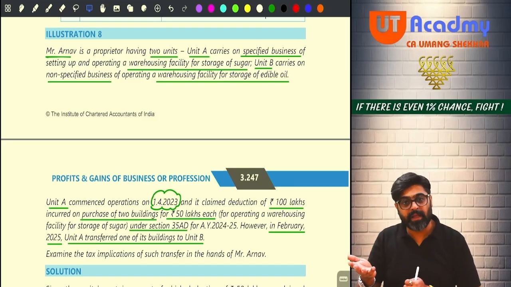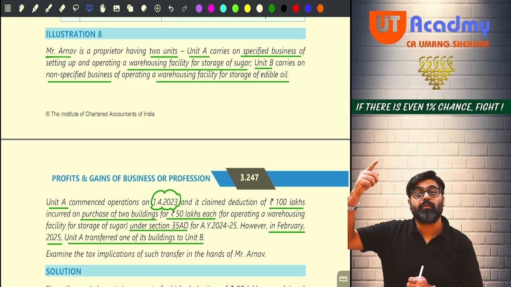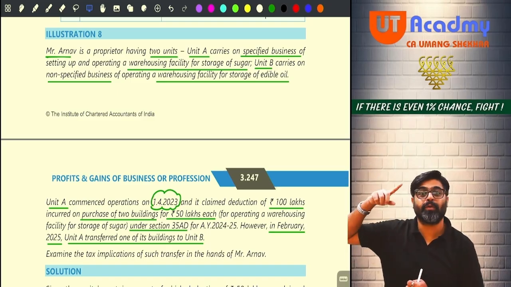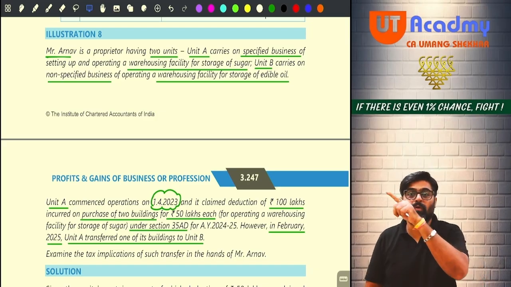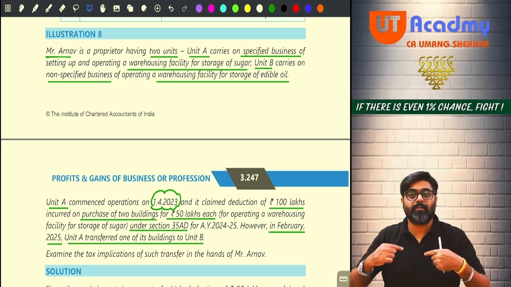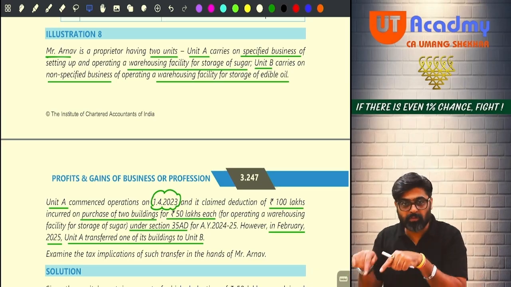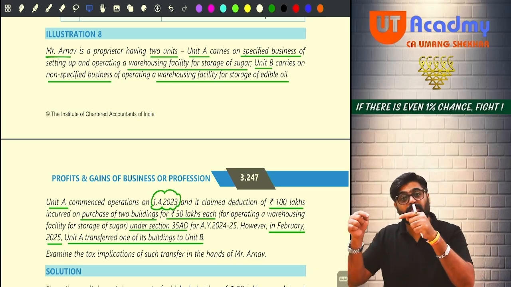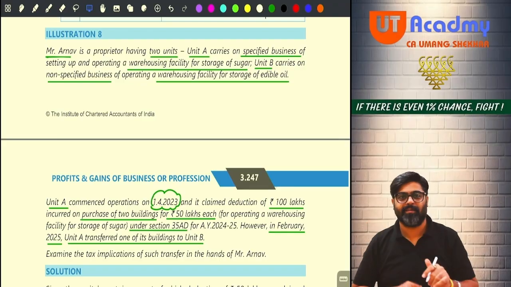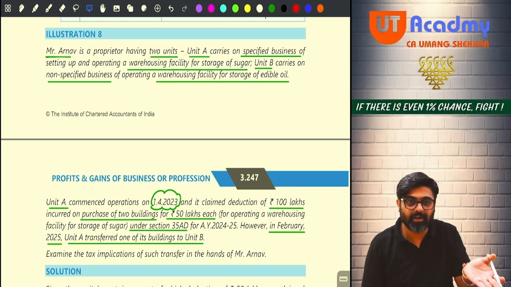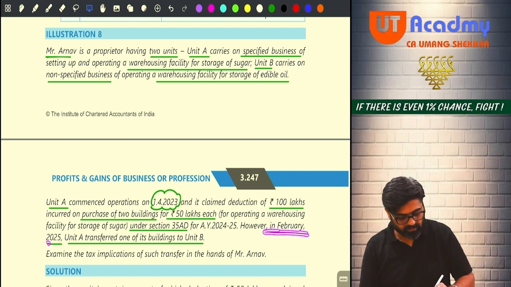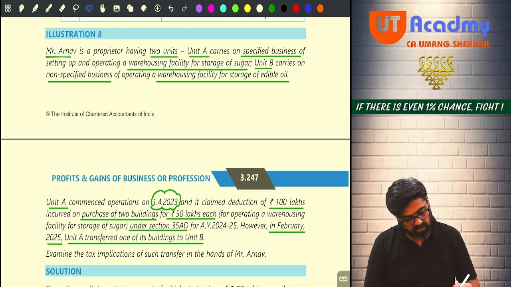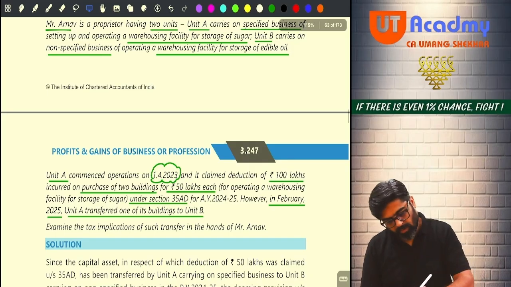Cost of those buildings were claimed as a deduction from the income of unit A business. That time, Arnav would have promised that I am going to use these two buildings in specified business of unit A only. But in this year, 24-25, in February 26, make it February 26.